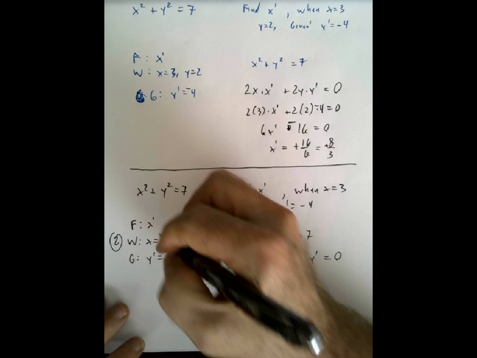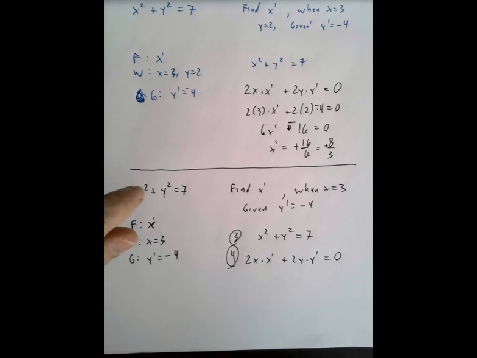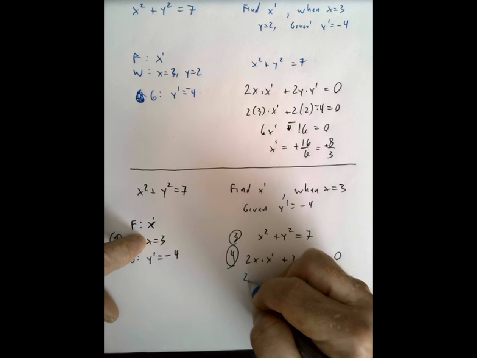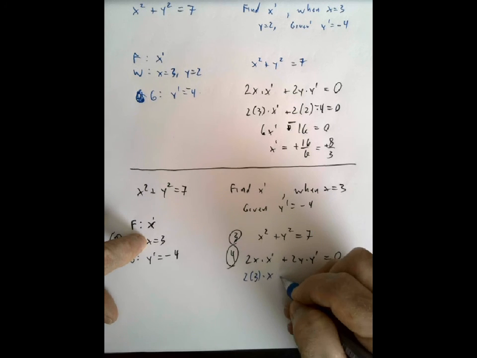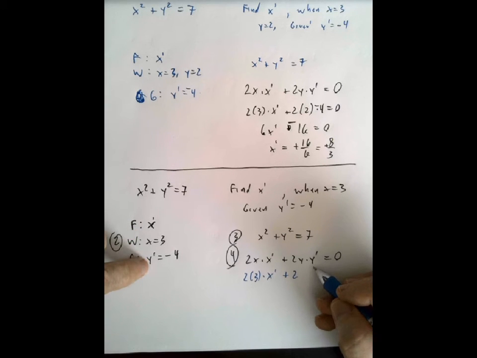In the beginning it all looks the same, doesn't it? But here's the difference. We look over here and we go, x is equal to 3. So I'm going to put 3 in there, and then we think, wait a minute. We know that y prime is negative 4, but we haven't specified a momentary value for y.